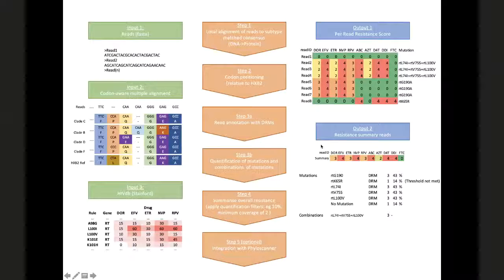So you might say that you don't want to know about any mutations that are observed less than 5% of the time or 20% of the time. You can specify that, or you can specify your threshold according to the number of reads that you obtain.